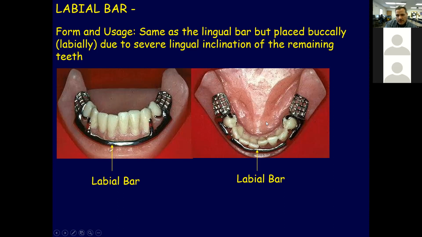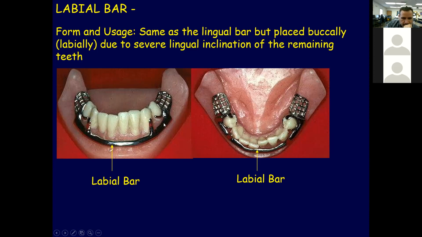Okay. Imagine people who don't have space. Their tongue is all the way up to the teeth. So the tongue is so high. And remember when I told you about the tori, the extra bone here? Some people have extra bone here. So the dentist will put the bar on the labial side, behind the lip.